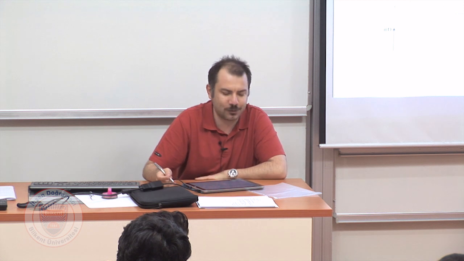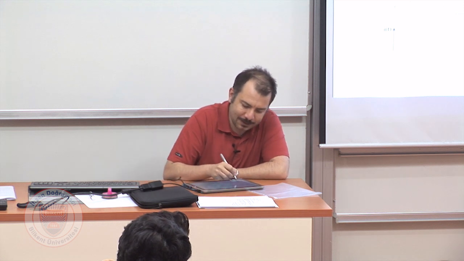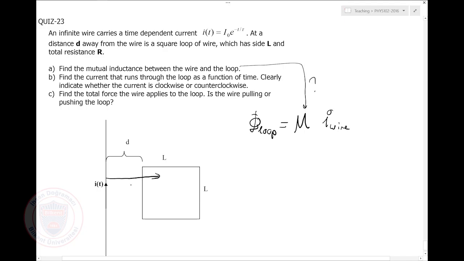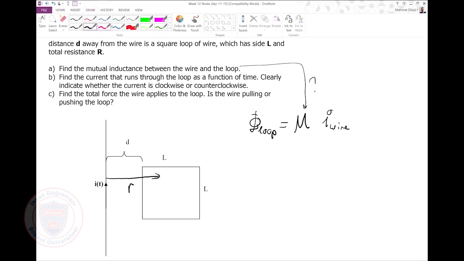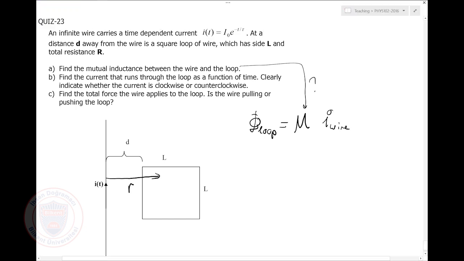First, if I am at a distance r away from my wire, how do I calculate the magnetic field created there? The magnetic field is best calculated using Ampere's law. Great. The integral of B dot dl is mu 0 I enclosed, which is exactly I wire.